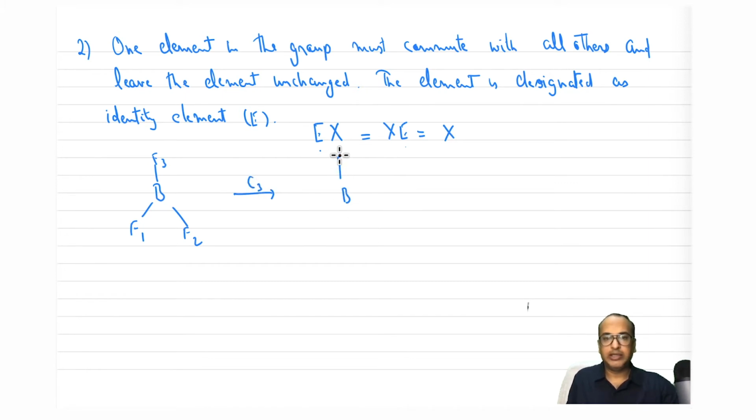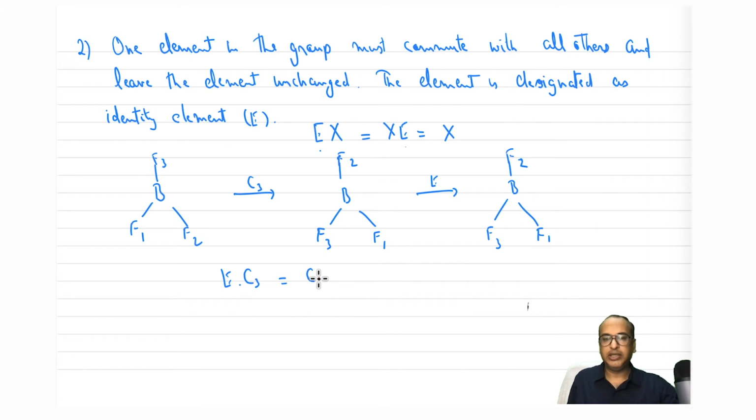I will not go into details, but what I get is 3, 1, 2, and now if I do the E operation, I get the same thing back: F2, F3, F1. So this is the case of C3E.